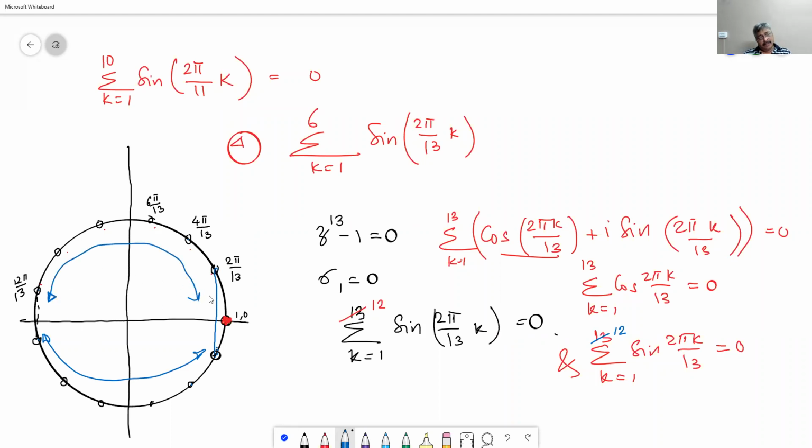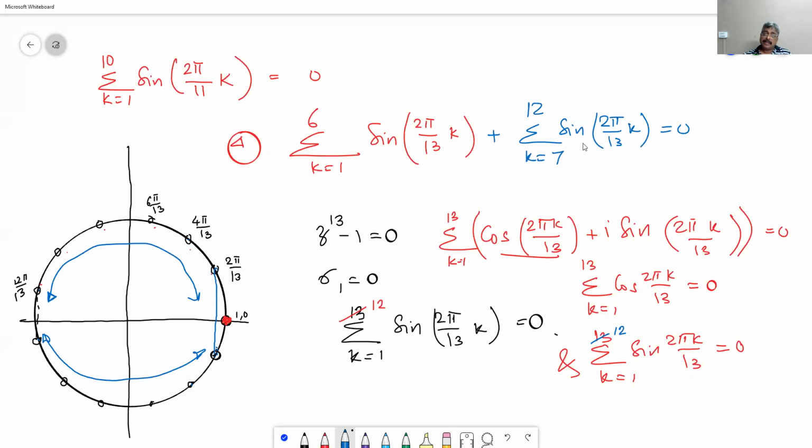And therefore the summation of imaginary part of these 6 roots is going to be numerically exactly equal, but opposite in sign. Summation of sine imaginary part of these many roots, that is what needs to be understood. Therefore this plus sigma k goes from 7 to 12 sine 2 pi by 13 k is equal to 0, and these two quantities are equal in magnitude but opposite in sign.